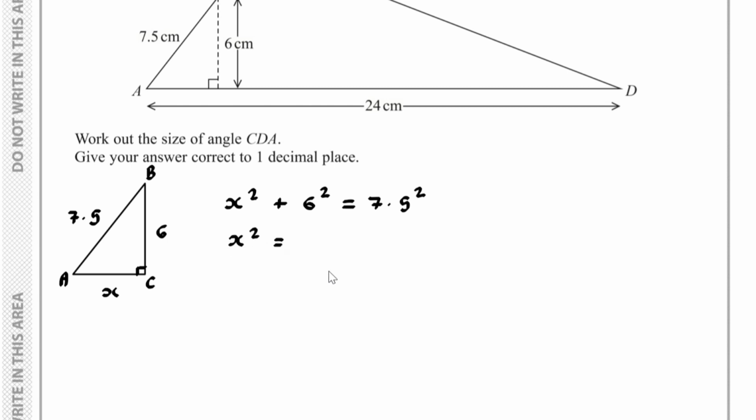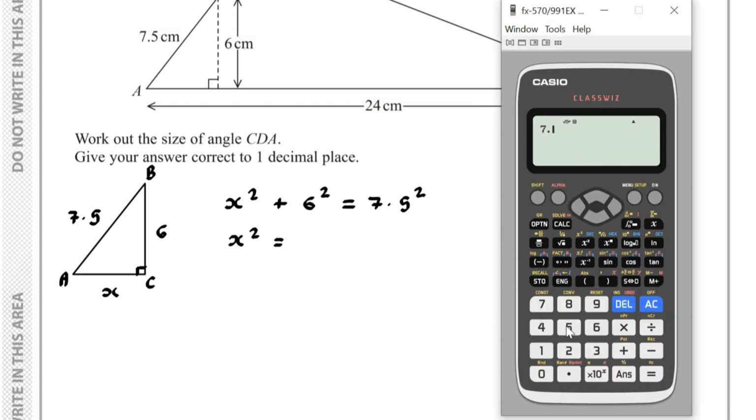So x squared is equal to 7.5 squared subtract 6 squared, which is 20.25, and if I square root this, x is equal to 4.5.